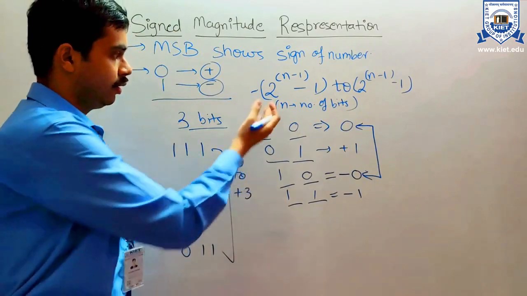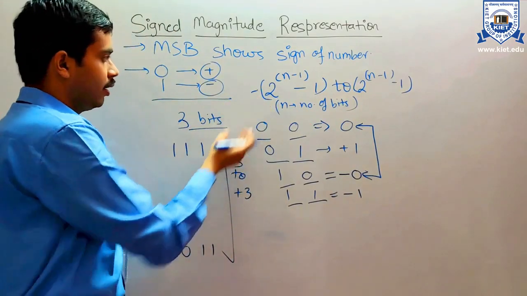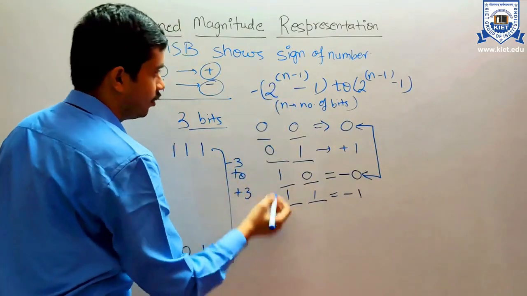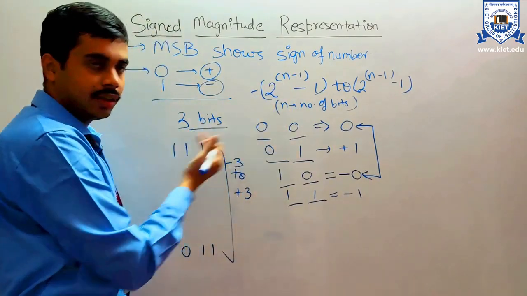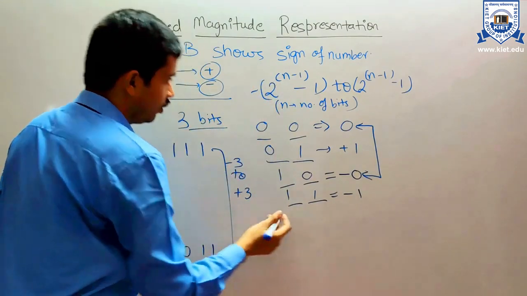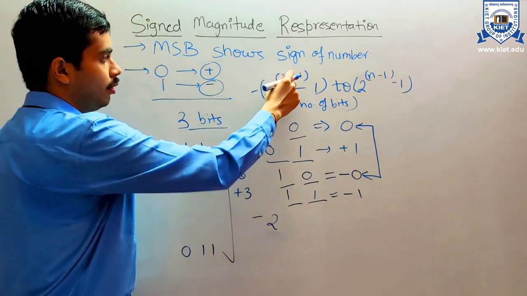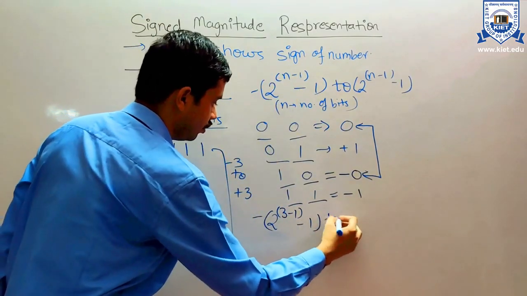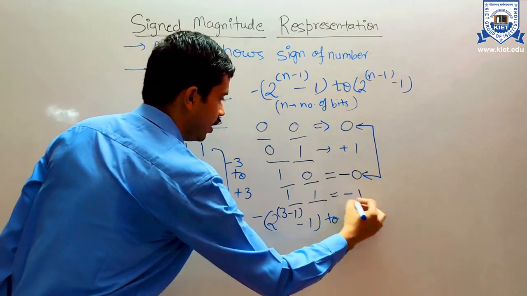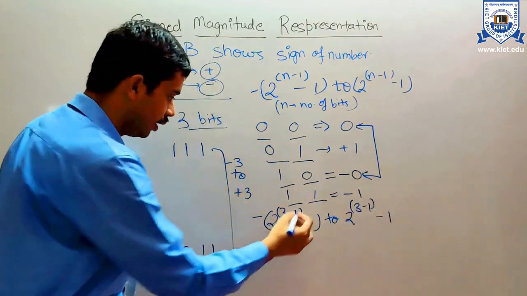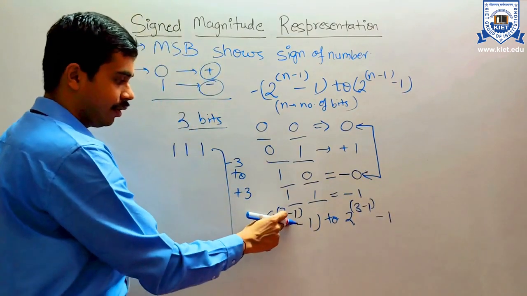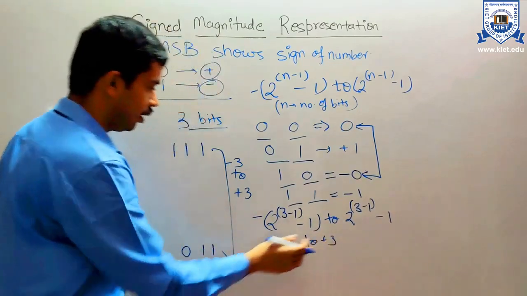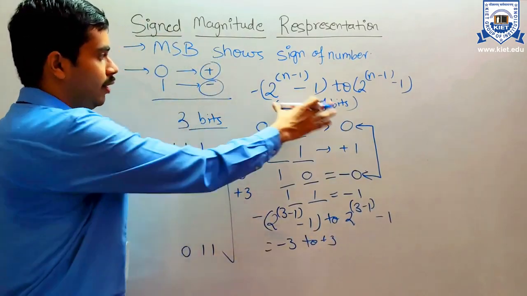Just put in the value: if we put 3, as in the previous example, the range will be minus (2 to the power 3 minus 1, minus 1) to (2 to the power 3 minus 1, minus 1). That is 2 squared, 4, minus 1, 3: minus 3 to plus 3, what we obtained here. So the range will be this.